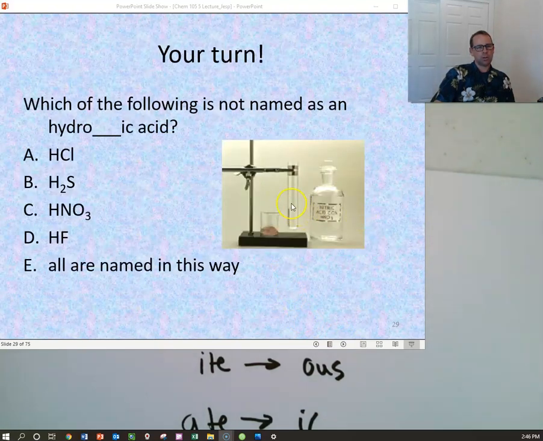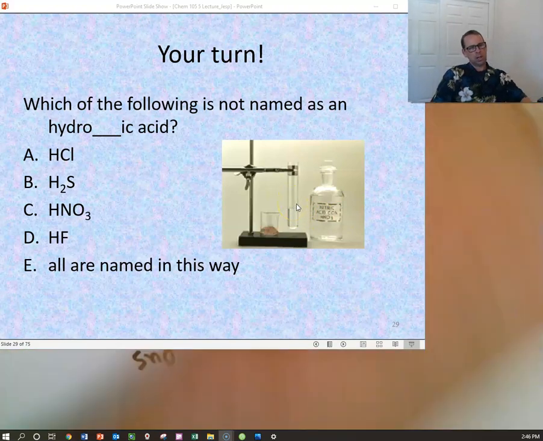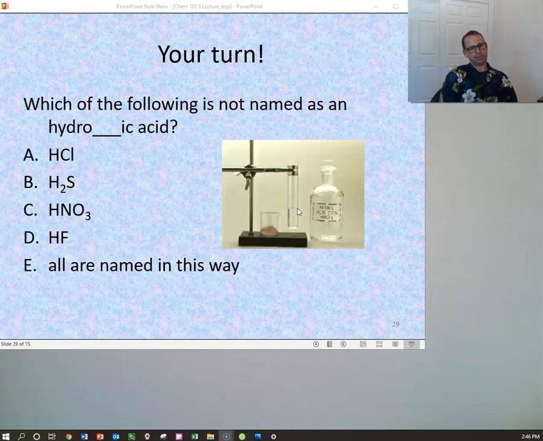All right. So which of the following acids here is going to be named following the hydro-blank-ic model? Oh, sorry. Which one is not named as a hydro-blank-ic model? Okay, so which ones are named using the hydro-blank-ic model? Is it the binary acids or the oxyacids?